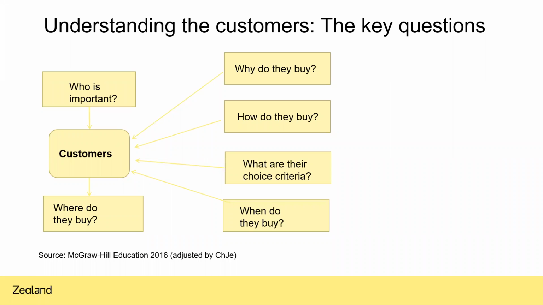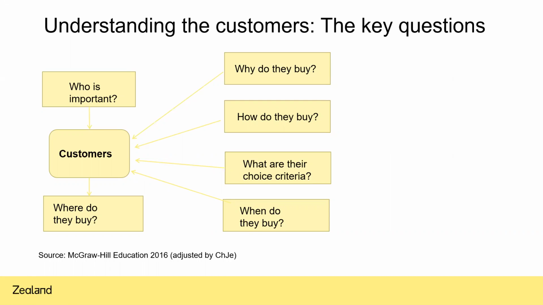In order for you to understand the customers, the key questions are these. Firstly, you look at why do customers buy? How do customers buy? What are the customer's choice criteria? And when do they buy? And when they actually are buying, who is important in the process?